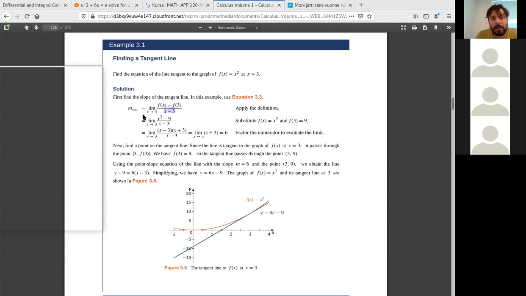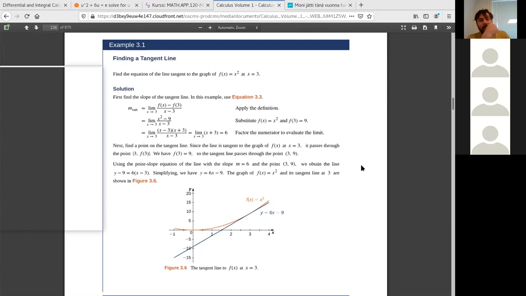As x goes to 3, x minus 3 goes to 0. We can substitute this x squared and 3 there, get this limit, and then cancel that x minus 3. We get x plus 3, so the limit is 6. So the slope is 6.